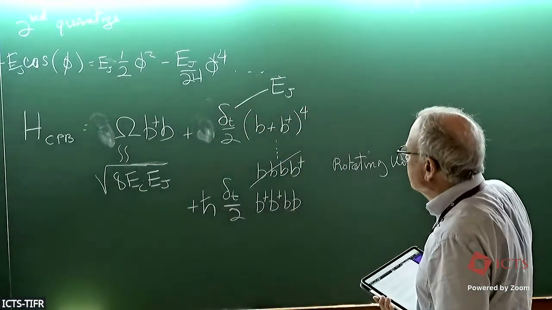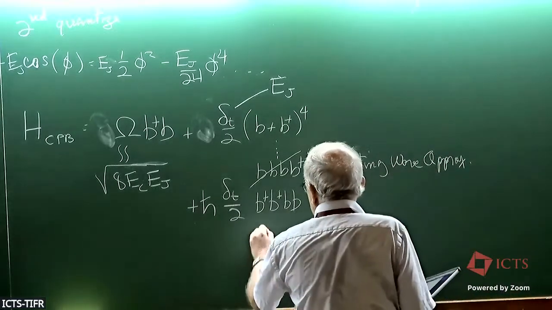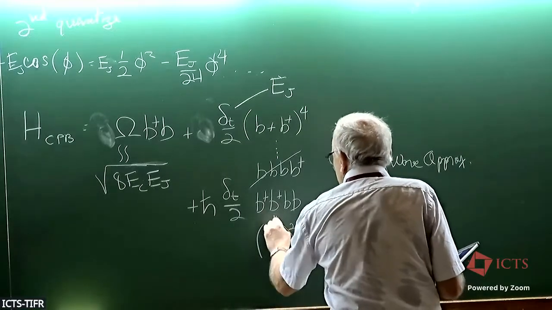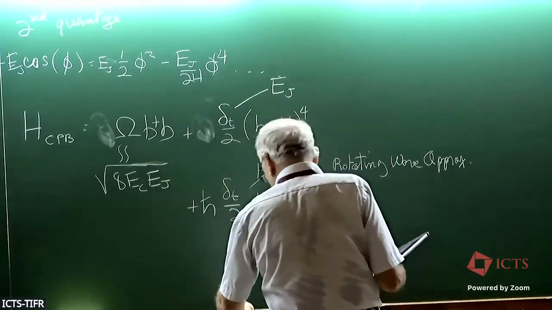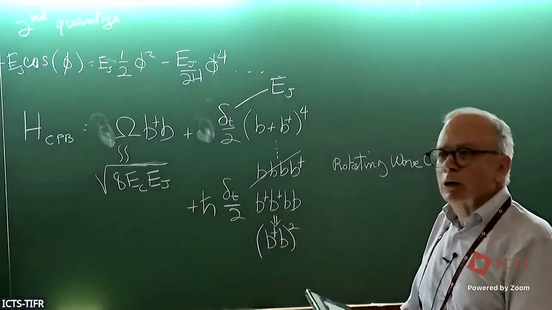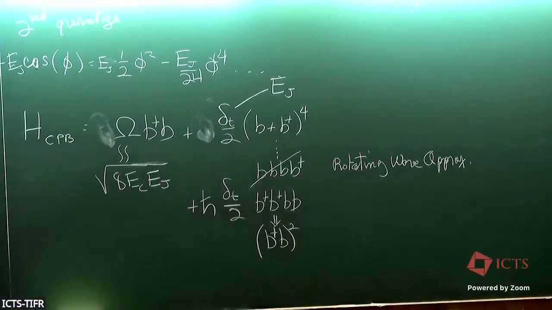So we do have, again, a kind of second quantized view, and I can also rewrite this as B dagger B squared, which makes it more clear, with some rearrangement of terms, that this is a way of getting a diagonalized description of this Cooper pair box, but in this transmon limit.